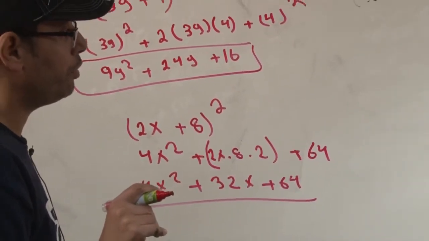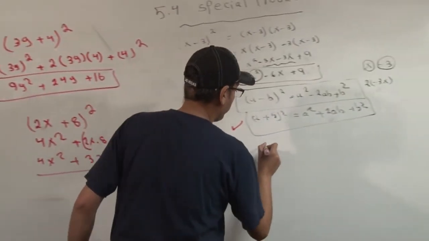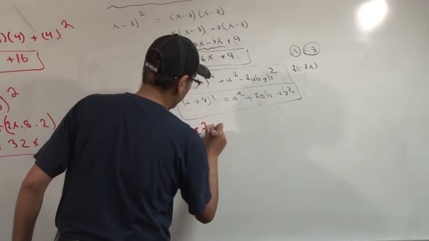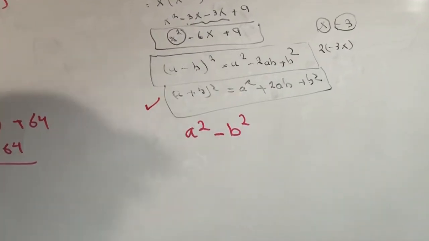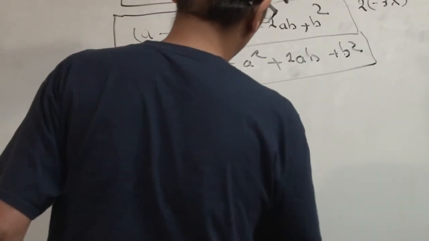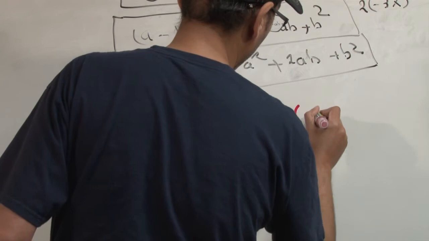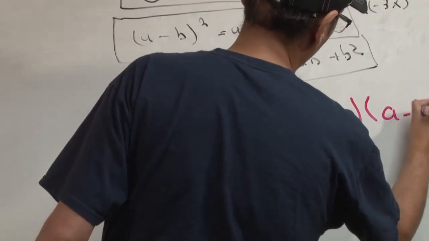Okay, this is a square. So how about the difference of squares? Like a squared minus b squared. We call that conjugate. a squared minus b squared equals a plus b times a minus b.